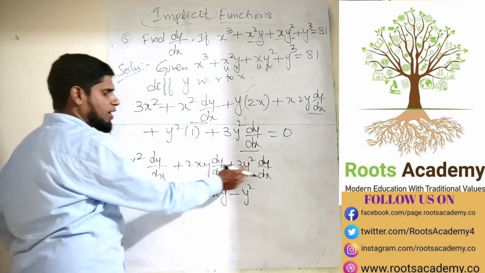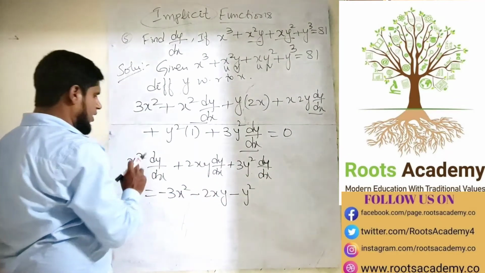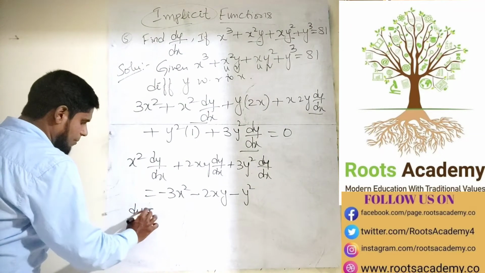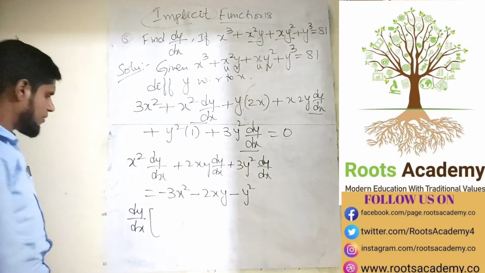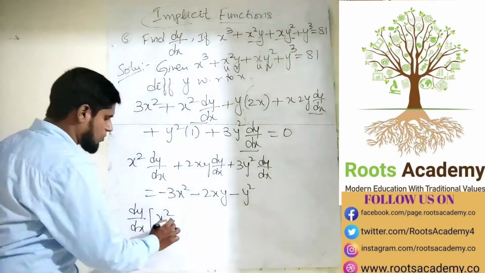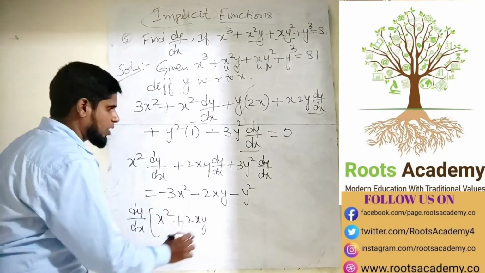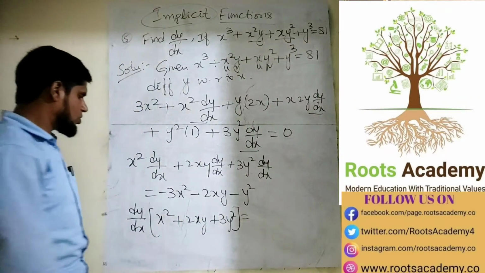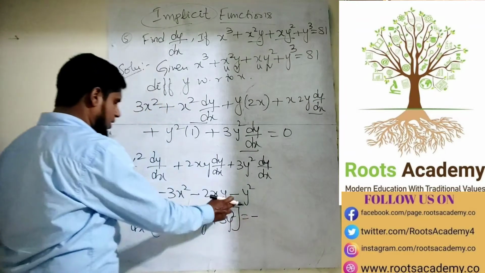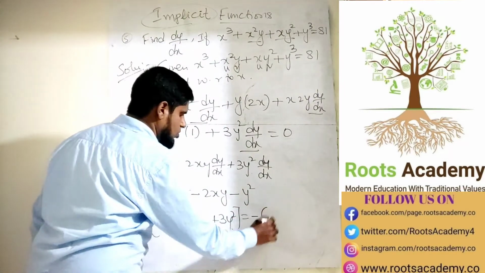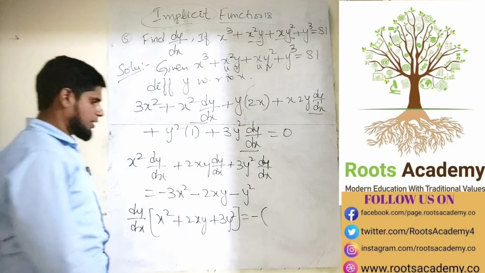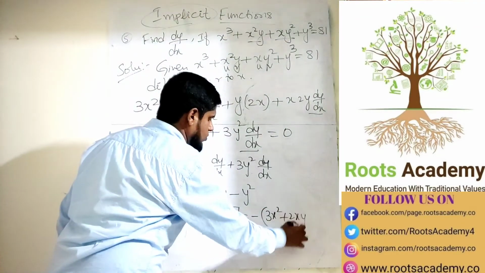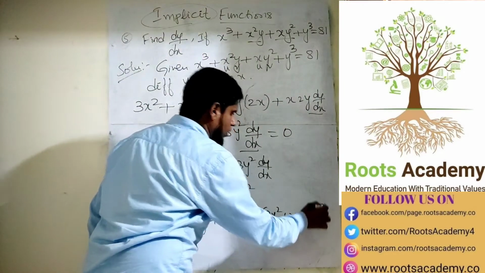Now student, in this left hand side, I can easily take dy by dx common. Then what is left out here? x square plus 2xy plus 3y square. This is equals to, minus I take common in this, we get 3x square plus 2xy plus y square.